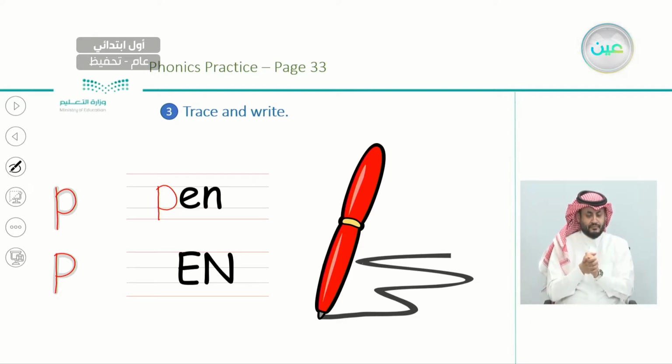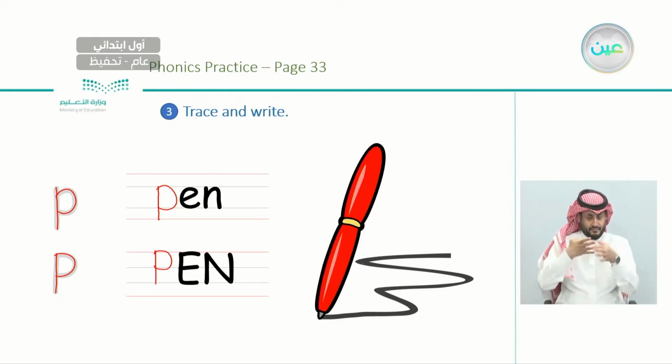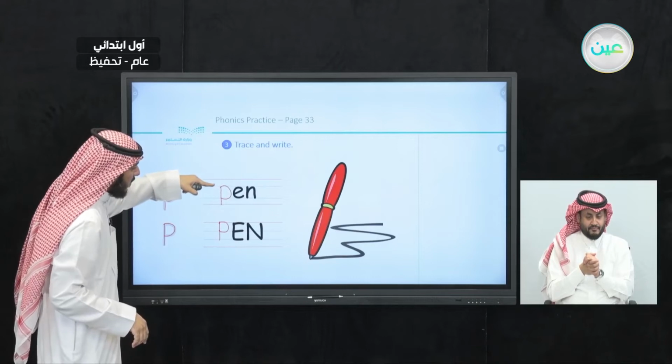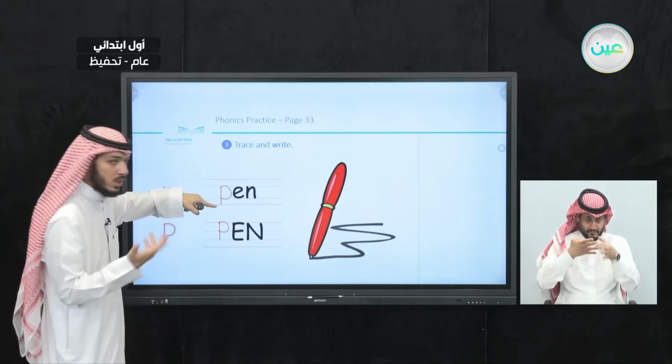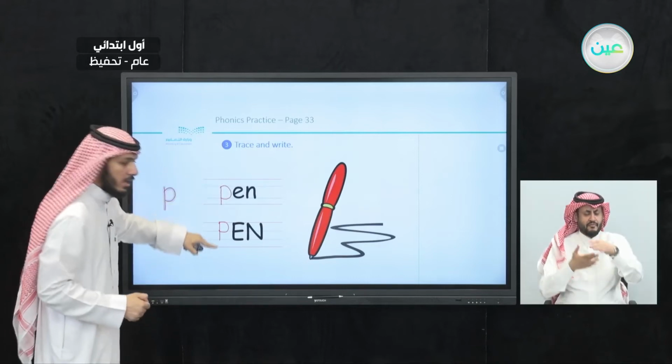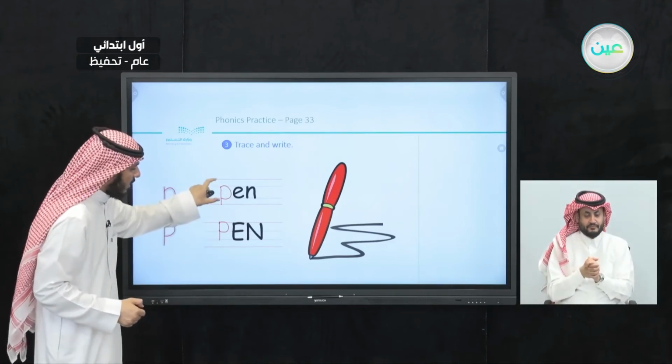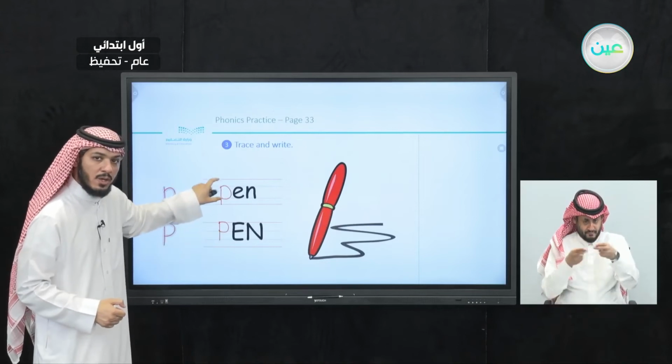So a line like this, and we have a half circle from 1 to 2. The small starts with number 2 up to number 4. What about capital? From 1 to 3, not 4 to 3. Okay, small, capital.